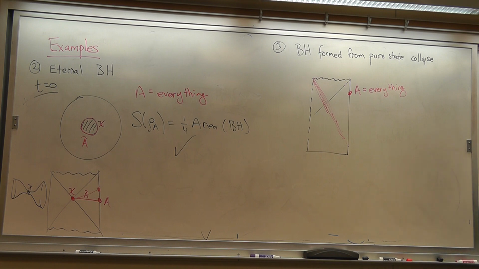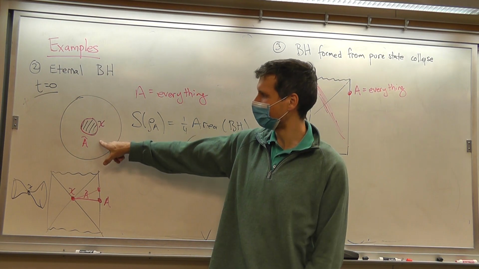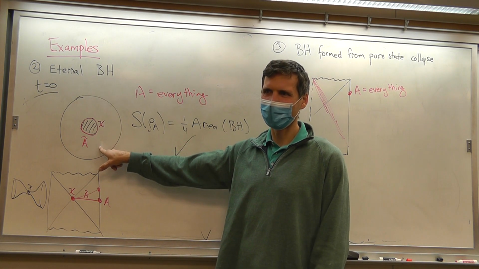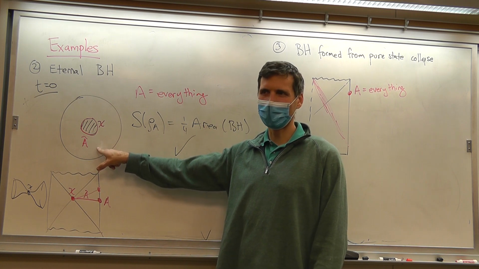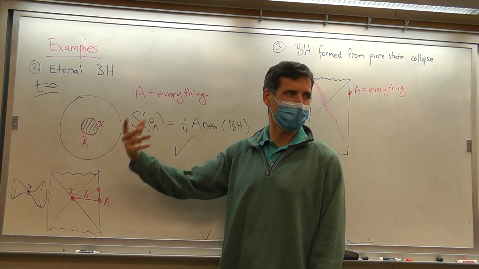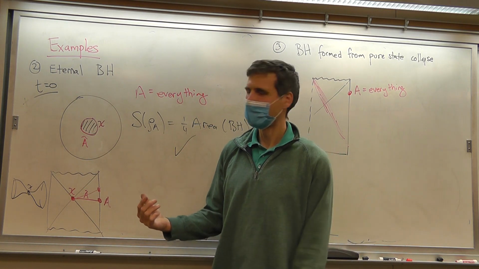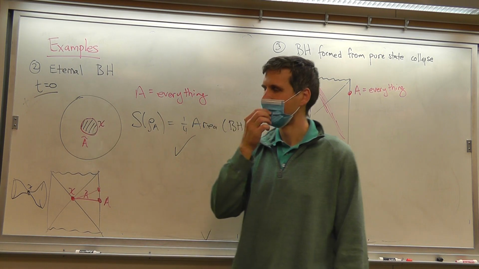Now, what does a collapsed black hole look like at late times? Well, just looks like this. So you might think that we're going to get area over 4 again. And in fact, if we use the original Ryu-Takayanagi formula at fixed time, that's what you would conclude, area over 4. It just looks like a black hole.